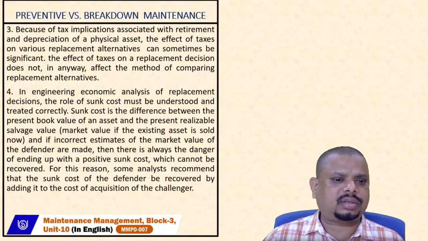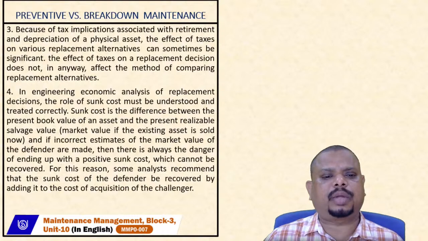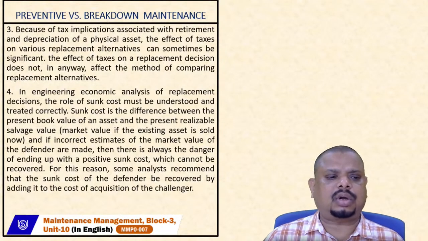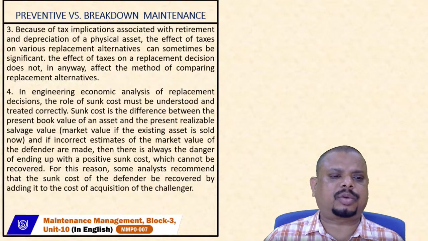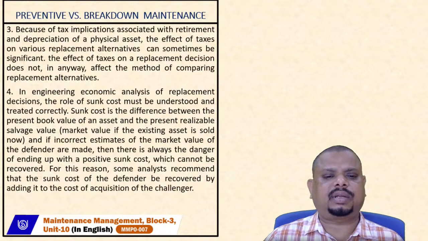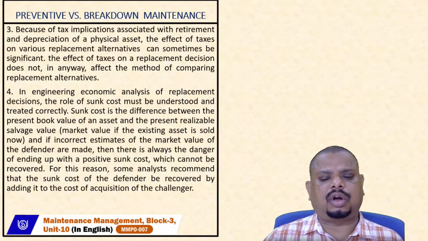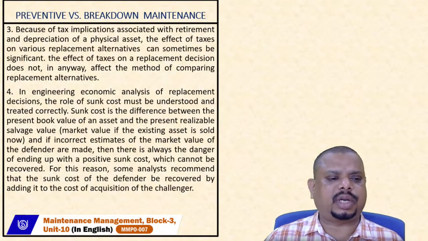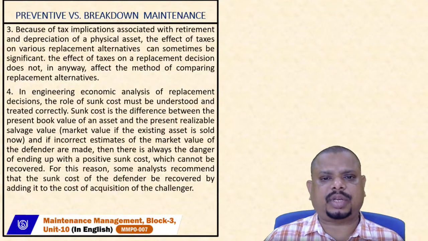And the fourth point is you have to focus upon engineering economic analysis. In engineering economic analysis, first you have to understand the sunk cost. So what do you mean by sunk cost? Sunk cost is basically focused upon the book value of the asset versus the present market value of the existing product, which is what it would be sold for in the present day.